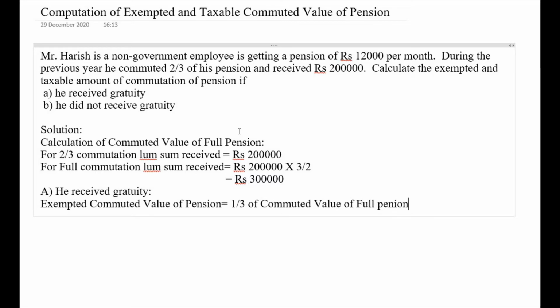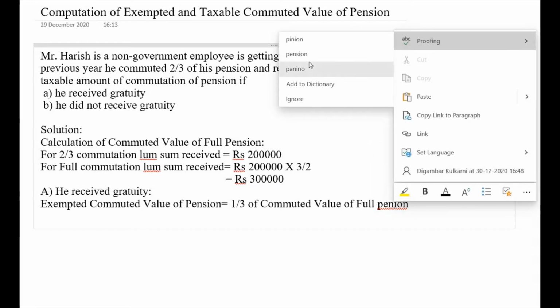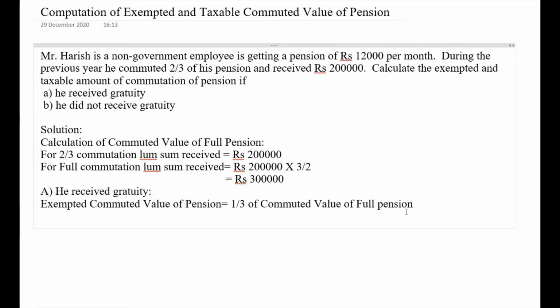We have calculated the commuted value of full pension as rupees 3 lakhs. Let us substitute the values. So 1/3 of rupees 3 lakhs comes to rupees 1 lakh.